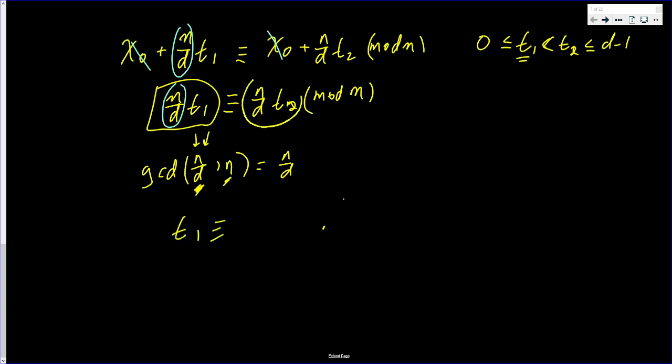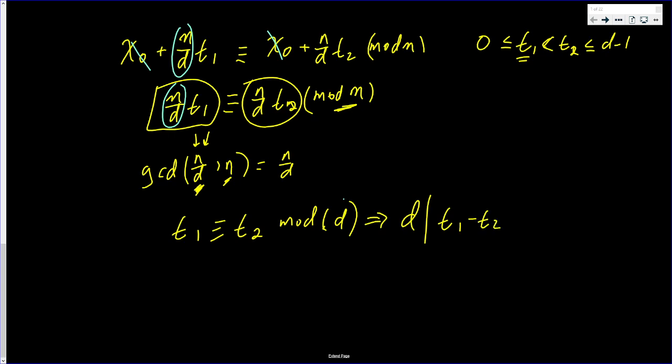You divide this by n over d, you get T2. And you divide this by n over d, and you get d. So T1 and T2 are congruent mod d. Okay? But this implies that d divides T1 minus T2.